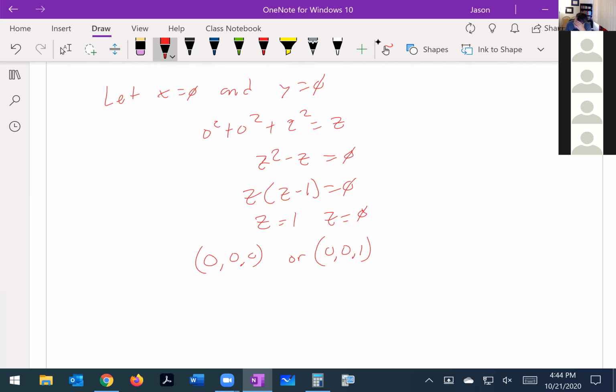So what's a sphere that contains both of those points? I have a sphere that goes through this point, and I have a sphere that goes through this point. So wouldn't that be a sphere that looks like this?